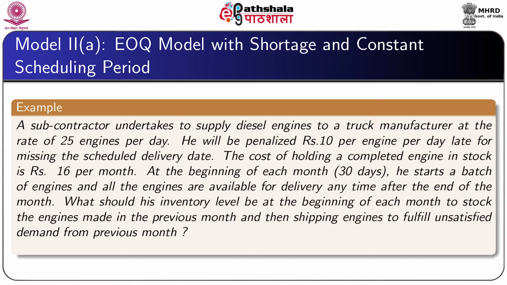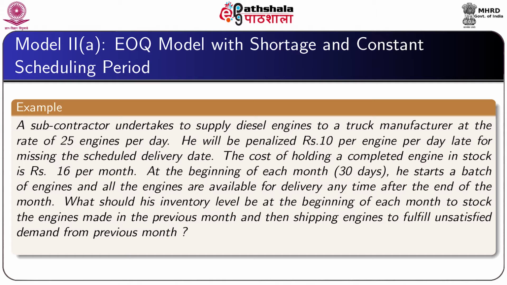Let us consider an example. A subcontractor undertakes to supply diesel engines to a truck manufacturer at the rate of 25 engines per day. He will be penalized rupees 10 per engine per day late for missing the scheduled delivery date. The cost of holding a completed engine in stock is rupees 16 per month.